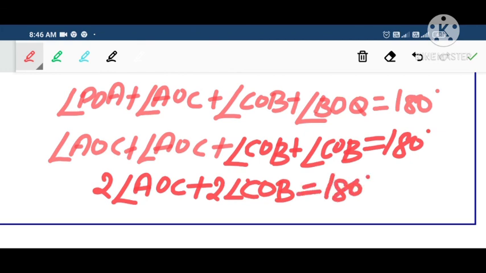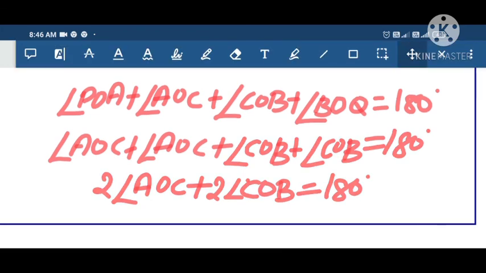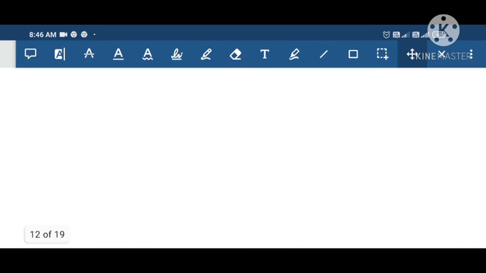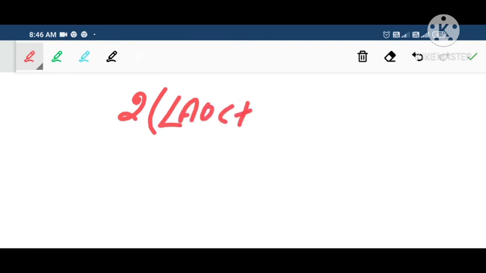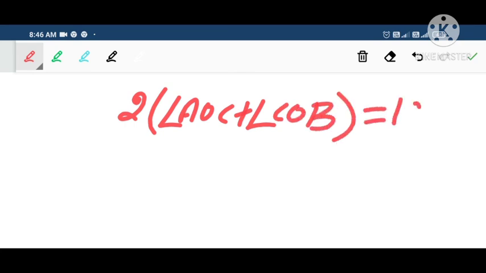Which one is common? 2 is common, so I take it out. Angle AOC plus angle COB is equal to 180 degrees... I mean, 2 times that sum equals 180 degrees.